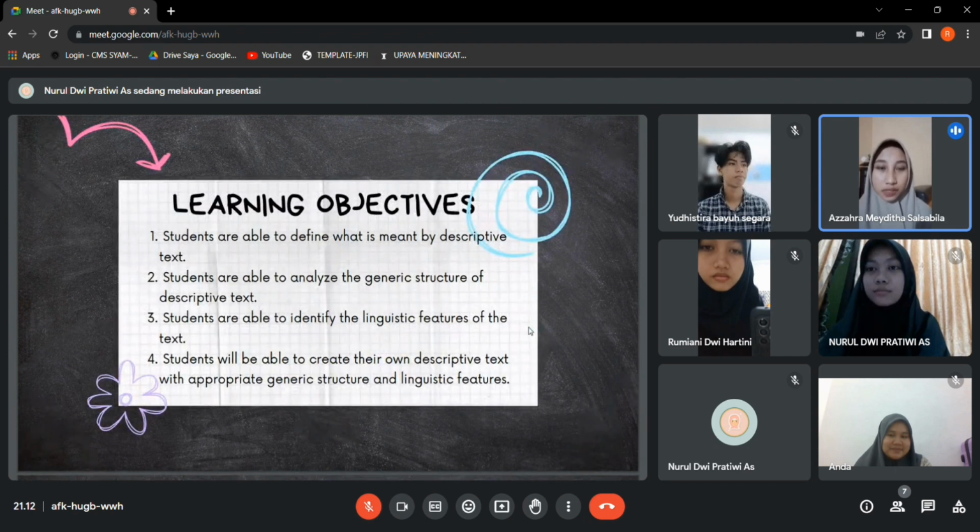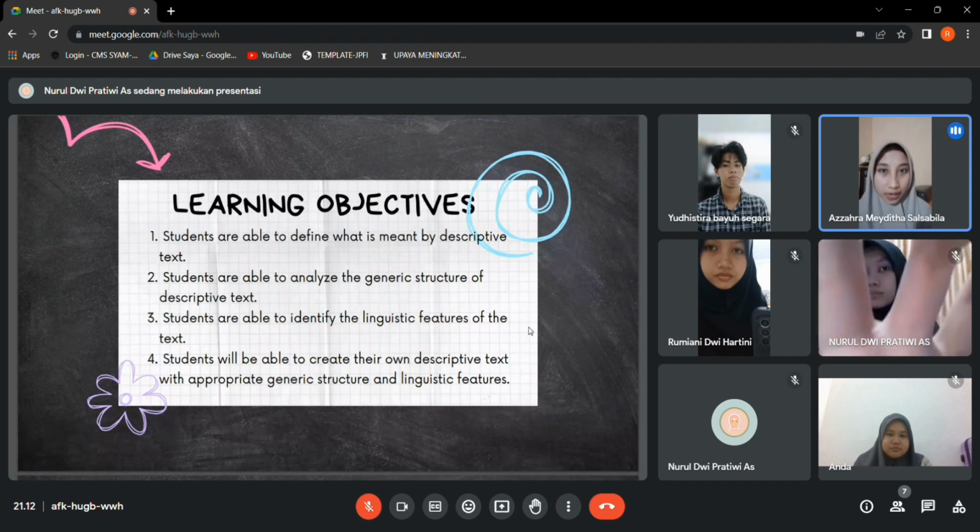So, before we start, let me explain the learning objectives for today's meeting. The first is students are able to define what is meant by descriptive text. The second is students are able to analyze the generic structure of descriptive text. The third is students are able to identify the linguistic features of the text.